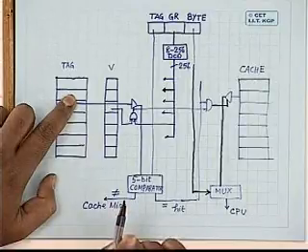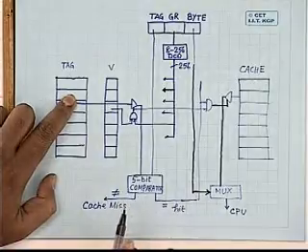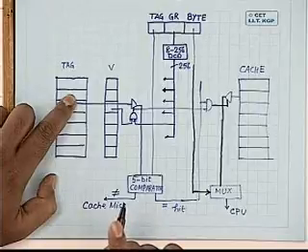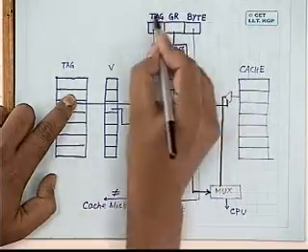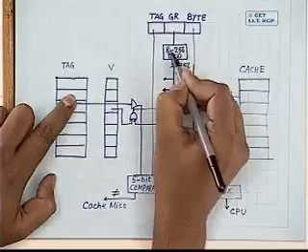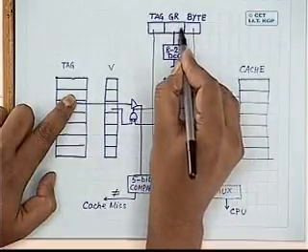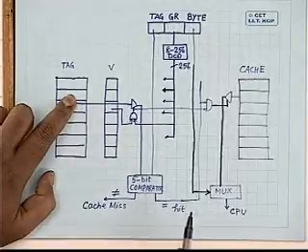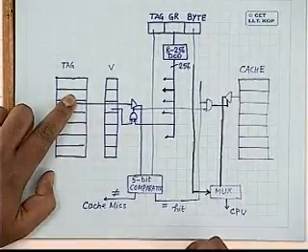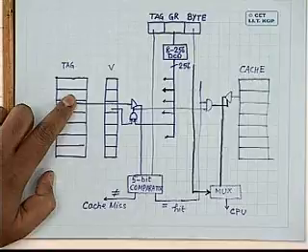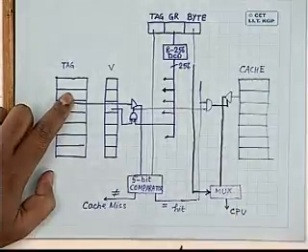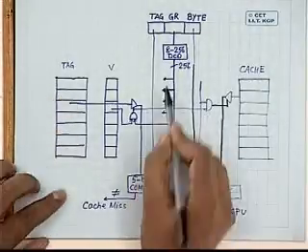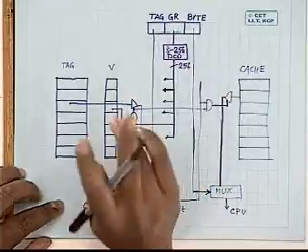I am asking for some other address. In that case, the block corresponding to this generated address does not reside in the cache memory. So the data that I'll get is some other data, not the data that I'm asking for. So this AND gate ensures that both the tag and the group are identical.